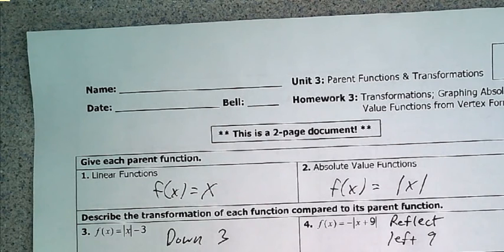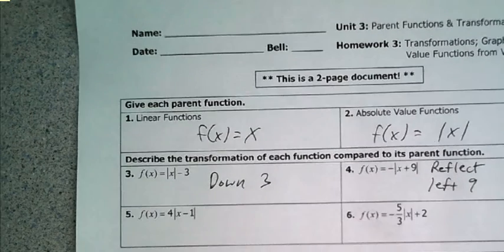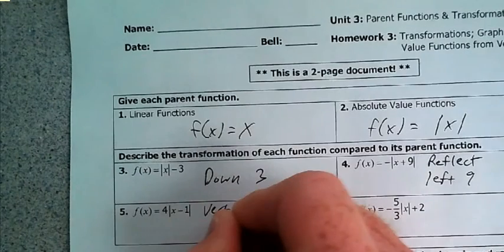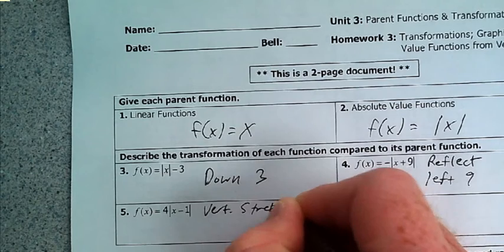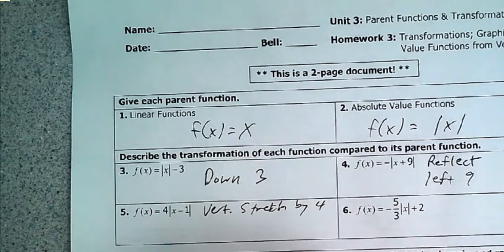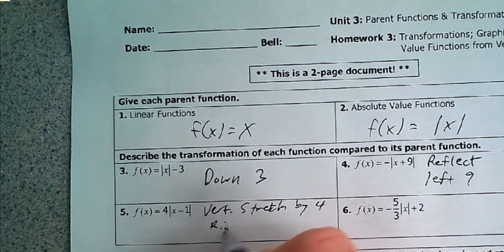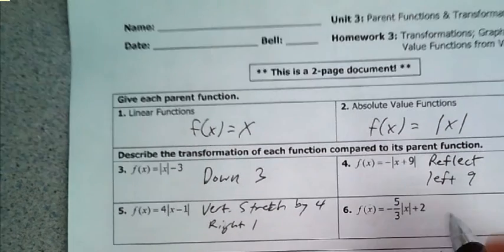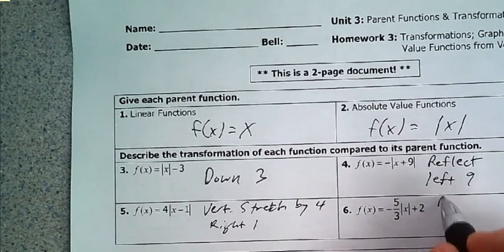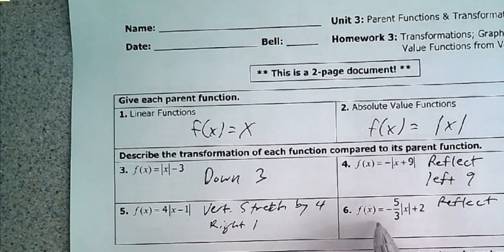Alright, what about number 5? Vertical stretch by 4. Good. And what else? Right 1. Very good. Okay, what about this next one? Reflect because of the negative. Now this fraction, it is a fraction, but is it greater than 1?